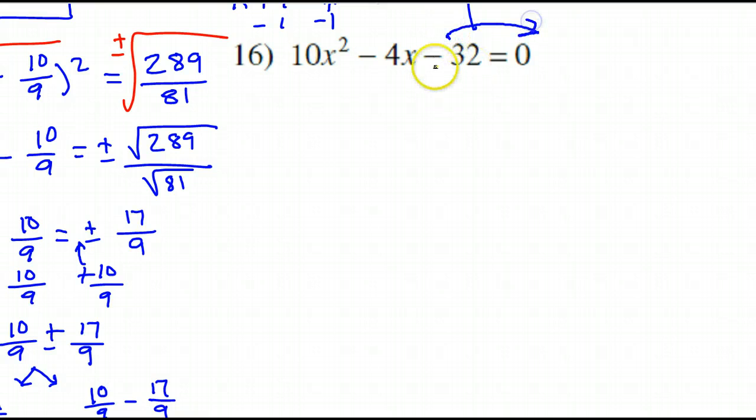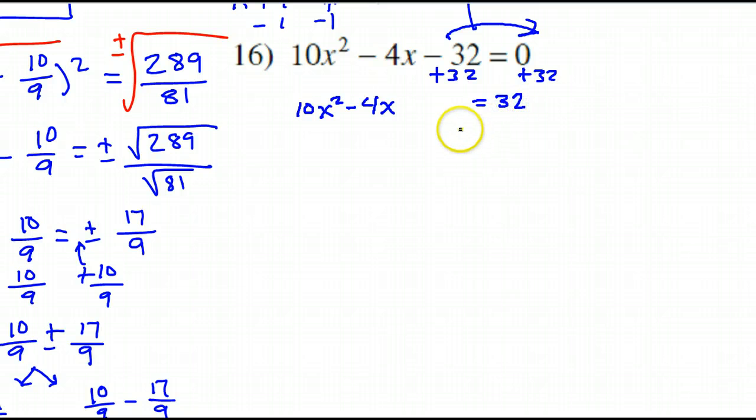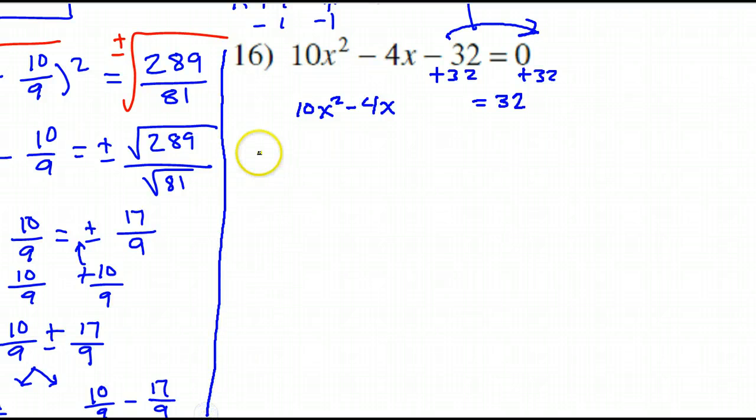We are going to move this 32 out of the way, so by adding 32 to both sides, like so. That is going to give us 10x squared minus 4x, leave a space, and that's equal to 32. Now I need to get rid of this 10. I'm going to have to pull 10 out of the parentheses.